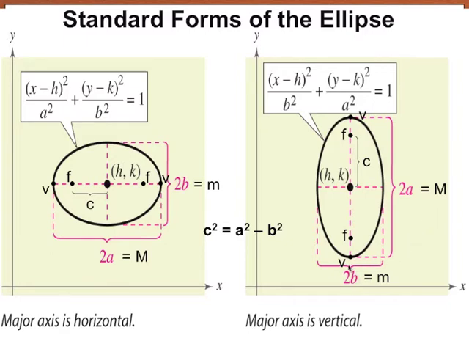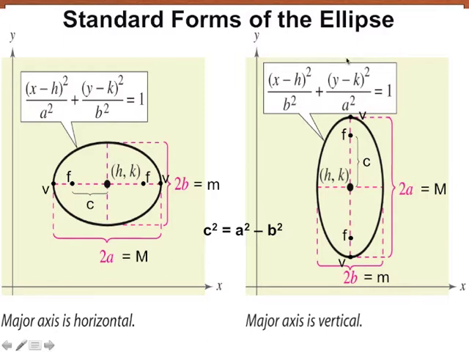B is half of the minor axis, the shorter of the two axes, and you can think of it as the distance from the center to one of the endpoints of the minor axis. So 2b equals little m, the minor axis. I've got my vertices labeled. Vertices are the endpoints of the major axis. Got the foci indicated with F. (h, k) is the center.